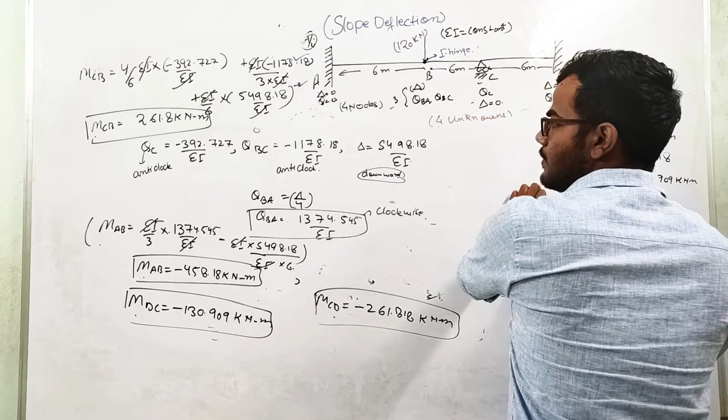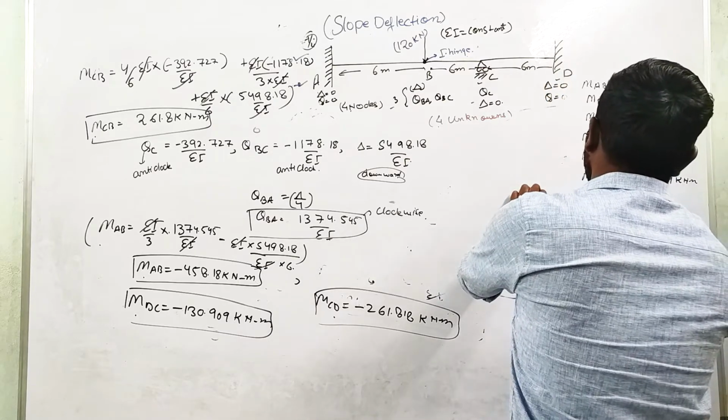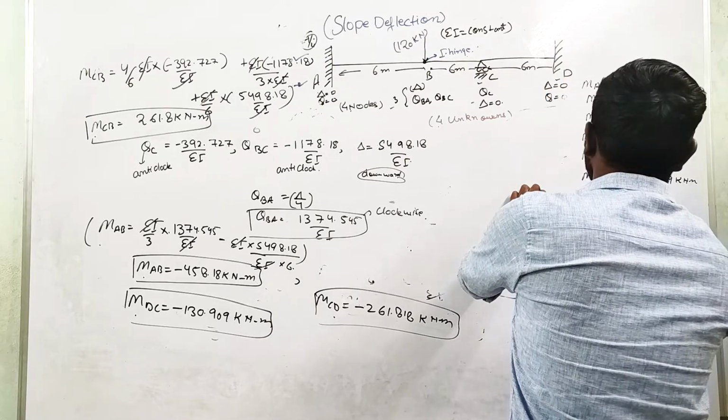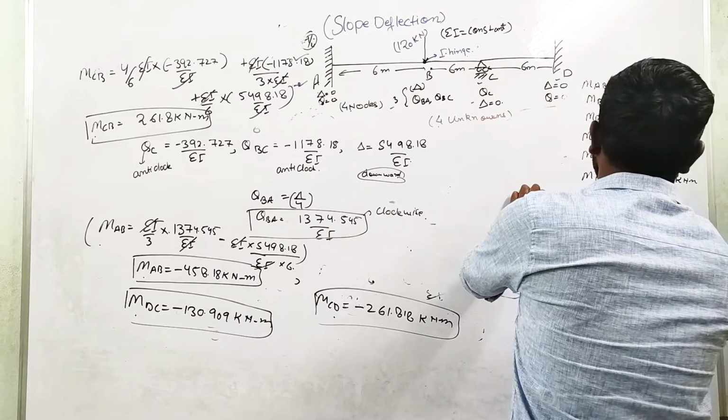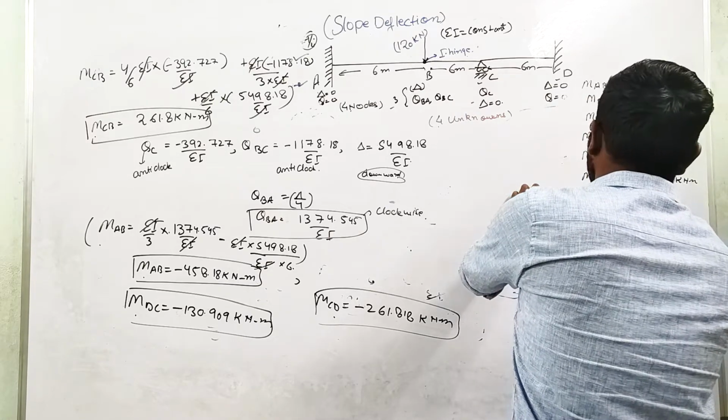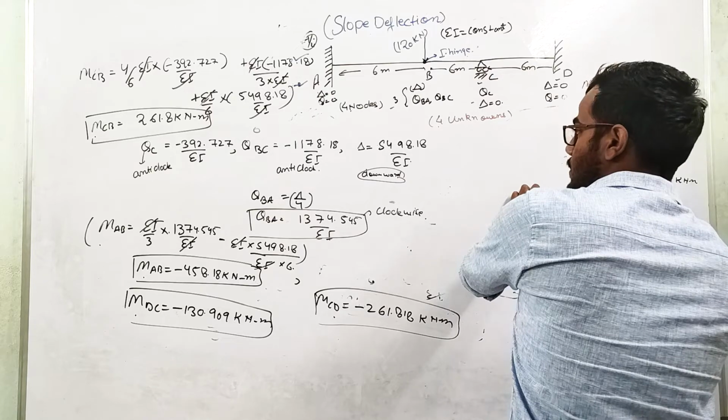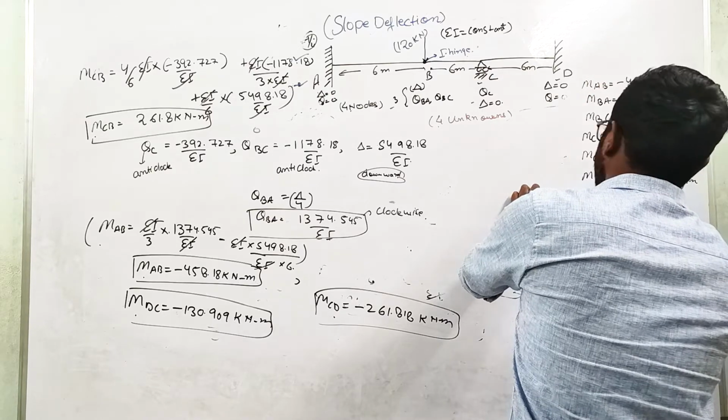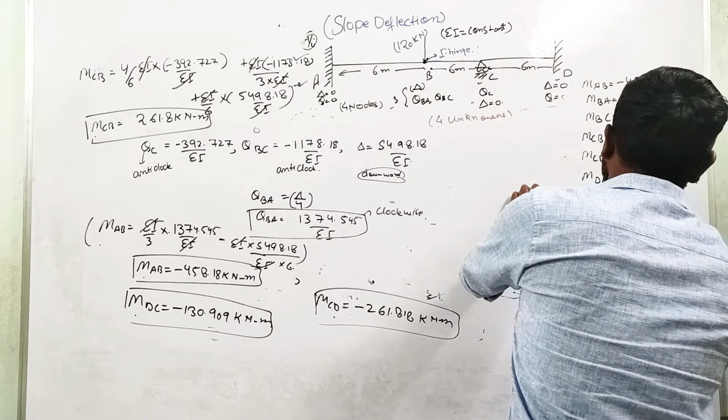Theta BA is 137.545 over EI. Theta BC is minus 1178.18 over EI.